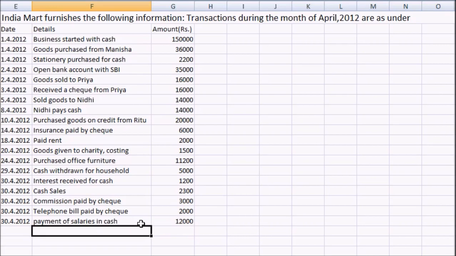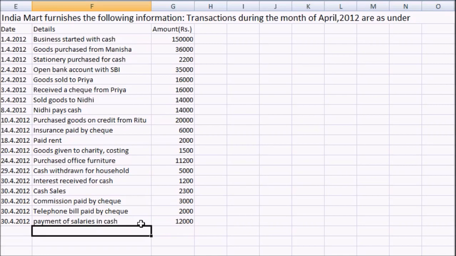There can be more than two accounts, but there must be at least two accounts. And for every debit, there must be a credit, so the accounting equation remains balanced, as we have analyzed the transaction in our previous videos. So you can refer the video to understand how to analyze a transaction.